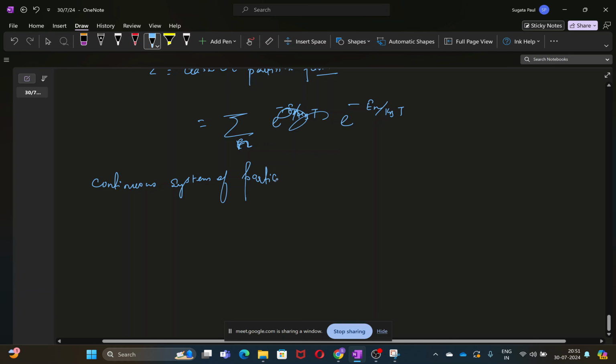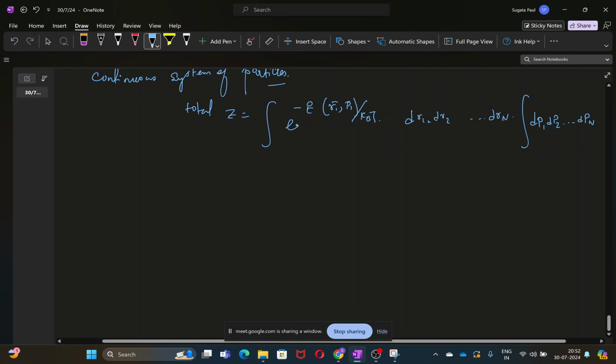So for a continuous system of particles, the total partition function Z is equal to the integral over e to the power of minus E(Ri, Pi) by kBT, then dr1, dr2 up to drn, and also the momentum coordinates, that is dp1, dp2 dot dot dot dpn.